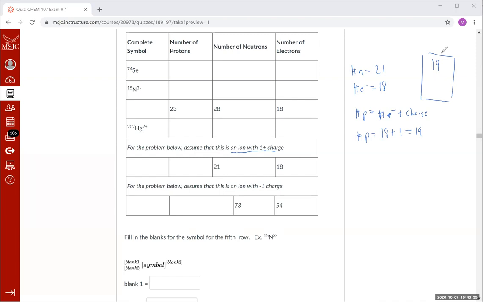Potassium. Yep, exactly right. And now we can calculate our mass number, which is equal to the number of protons plus the number of neutrons. That gives us a mass number of 19 plus 21, or 40. So this would be potassium 40 over 19 plus 1. Does this make sense to everyone?